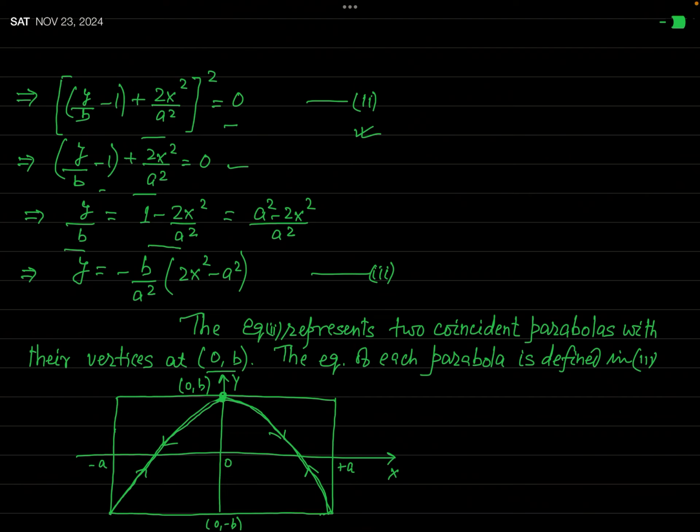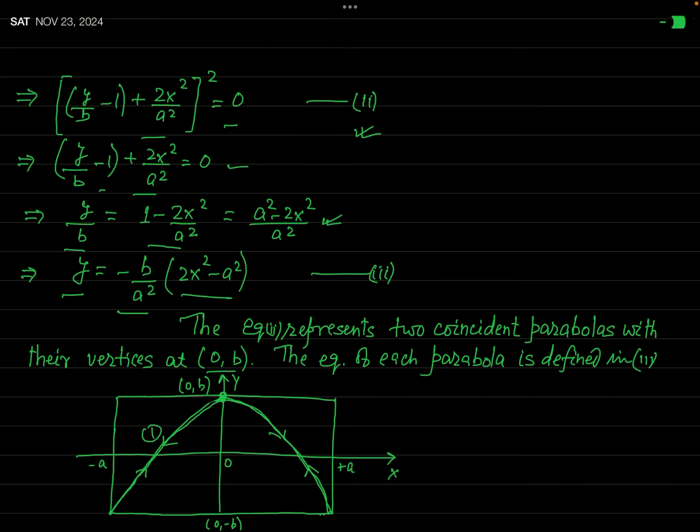After taking LCM, you may write this as a square minus 2x square over a square. And therefore, y is equal to minus b over a square times 2x square minus a square. Actually, this is the equation of each parabola.